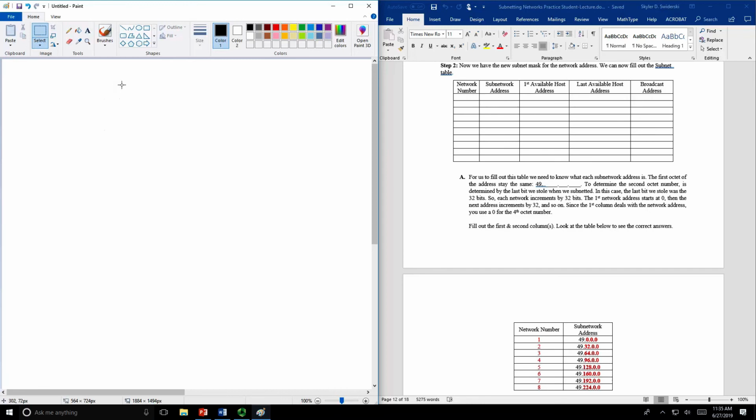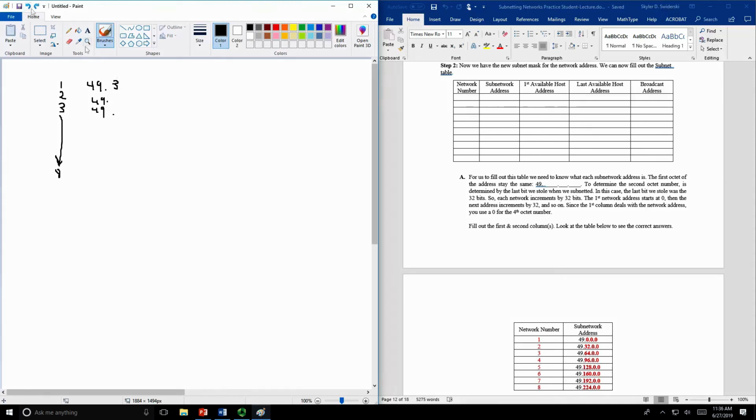For the network number, we're creating 8 networks, so number them 1 through 8. For the subnetwork, the same principle and concept as Class B applies: the first number is 49, 49, 49. But in this case we're incrementing by the number we took, the 32 bit, the last bit.